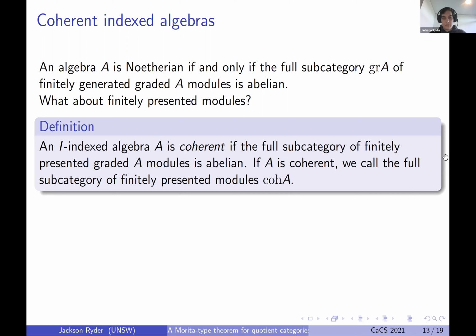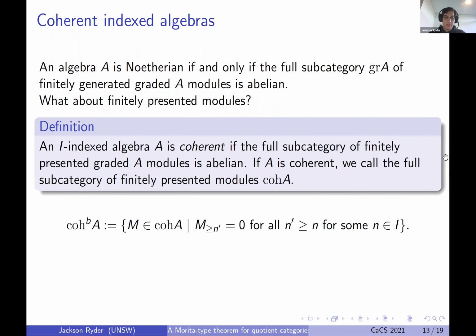So we need to introduce the Serre subcategory that we want to quotient out by. What we're going to look at is bounded coherent modules. These are all of our graded coherent modules that have vanishing tails. What this means is that there's some index n in our grading set I, such that for every element of our set greater than n, all of the components in that degree vanish in our module.